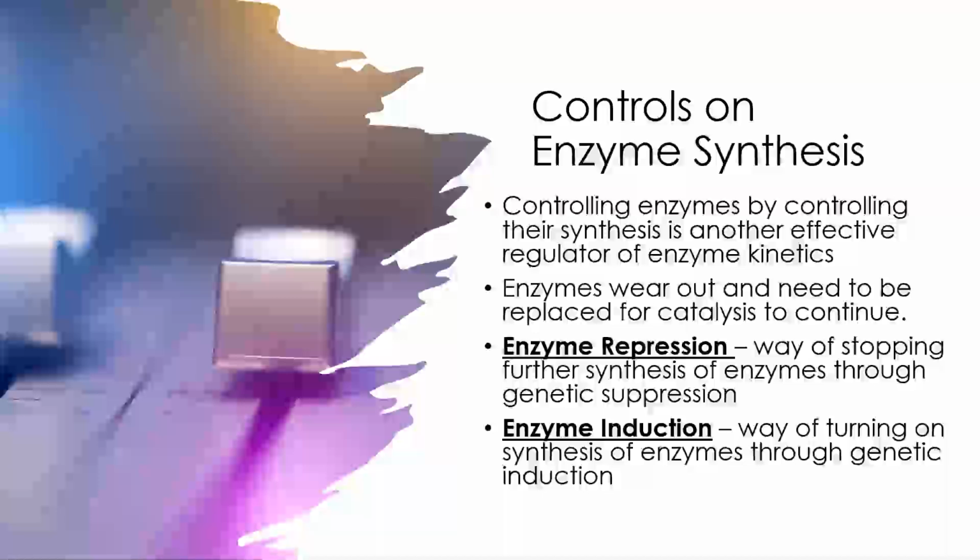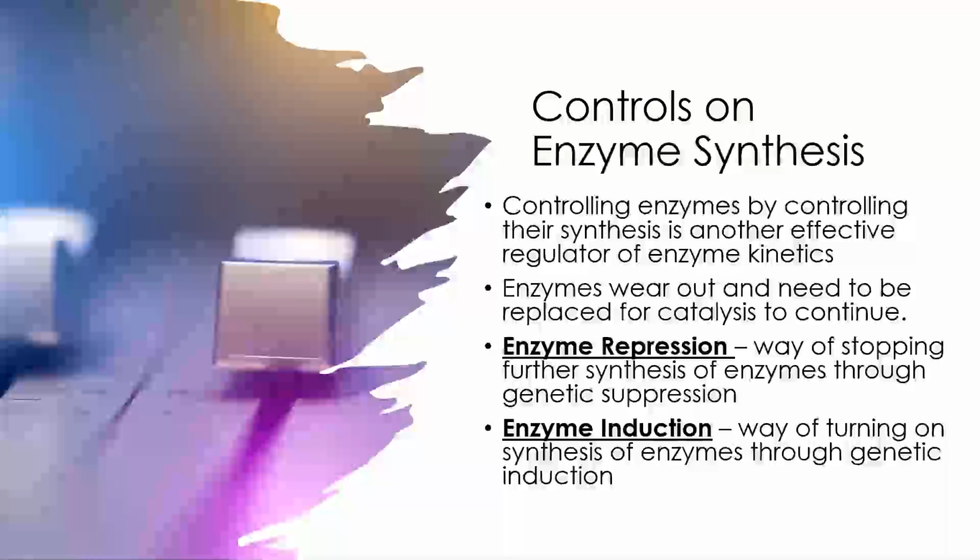They need to be replaced. So at that point, we have the option of, do we need to repress them or do we need to make even more to replace them? Enzyme repression is a way of stopping further synthesis of enzymes. We're just saying, hey, we're not going to replace them. I know we had 10, 5 are worn out. We're just okay with the 5 now.